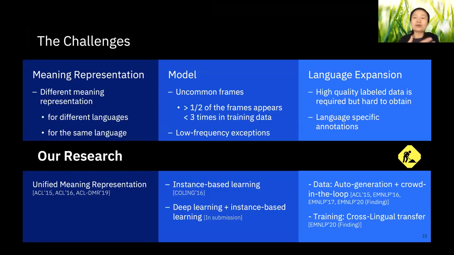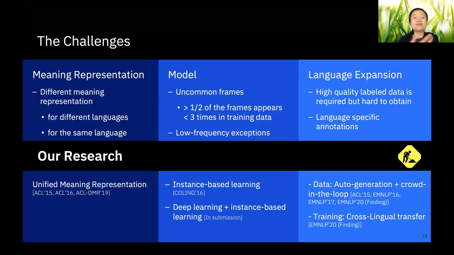This is a very nice abstraction that allows me to simplify building on top of complex NLP structure. And we want to do this for different languages. But in order to do that, we have multiple challenges. One is what's the right meaning representation to choose?